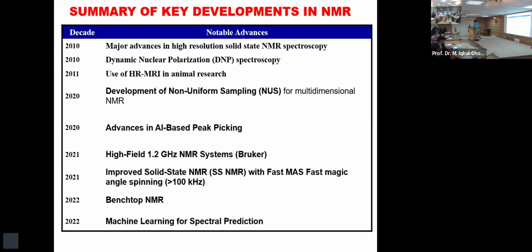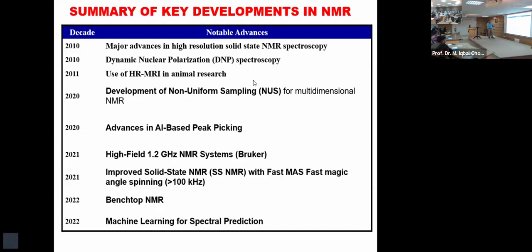But 99% of the applications today are liquid state. You dissolve your sample in deuterated solvents, and then you get a spectrum. It's only very recently that solid state NMR spectra have started becoming even better. And of course, there were a lot of other developments too.